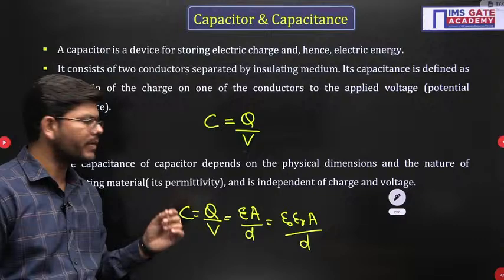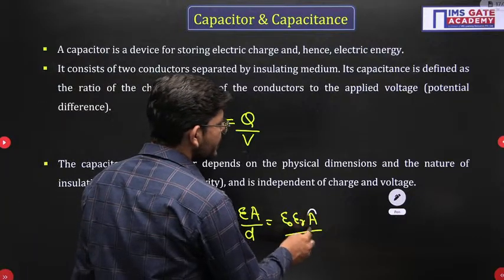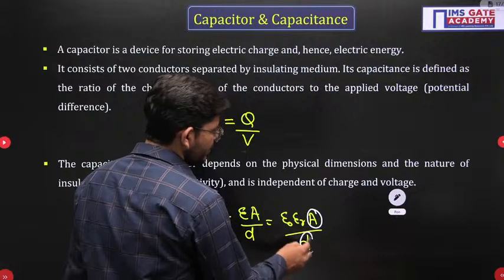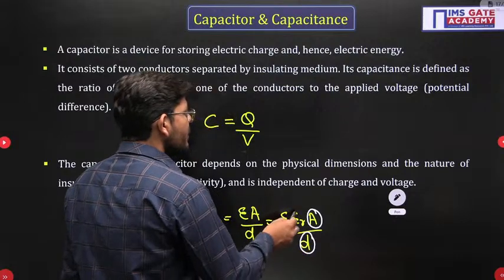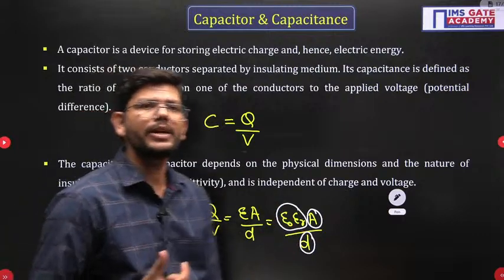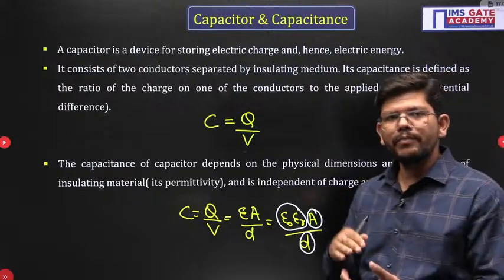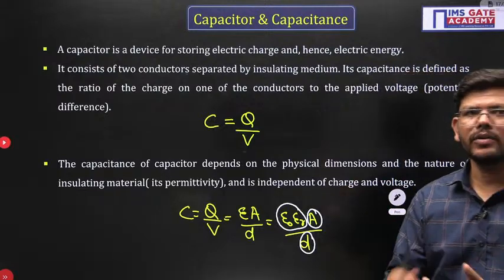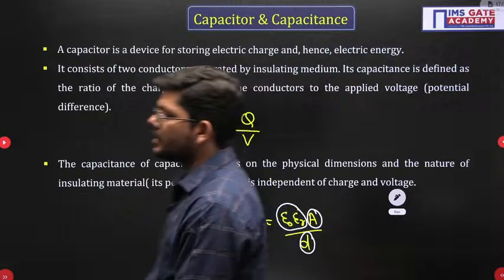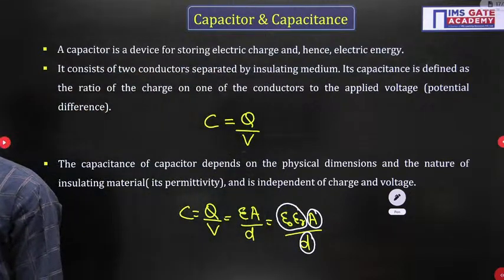In fact, it depends upon the physical dimensions, meaning A, the area, and the distance between the plates, and it also depends upon the medium between the plates, the relative permittivity. So this is what you can refer to about the capacitor.